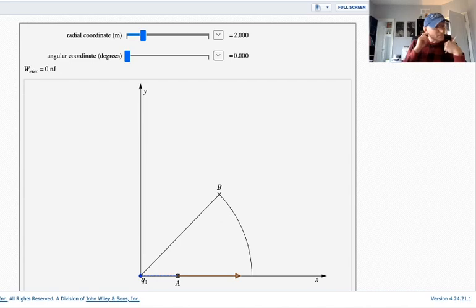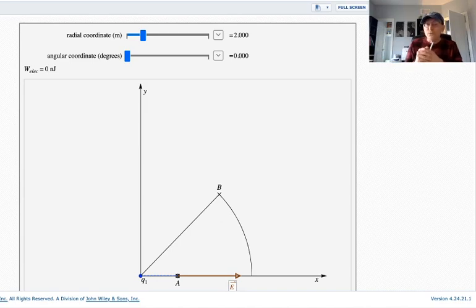And here's the thing. This simulation is going to calculate and show us the work done on particle 2 by the electric force as we move particle 2 from point A to point B. And I want us to observe how much work that is. So here we are with particle 2 initially at point A. And if I hover my mouse over that big brown arrow you see right there, you'll see that's the electric field at the location of particle 2.